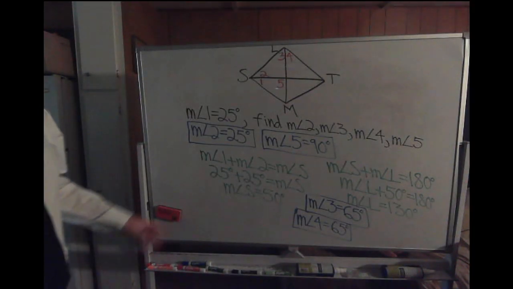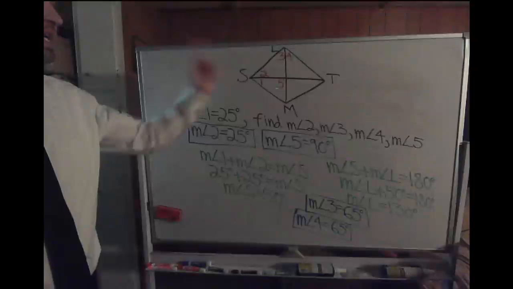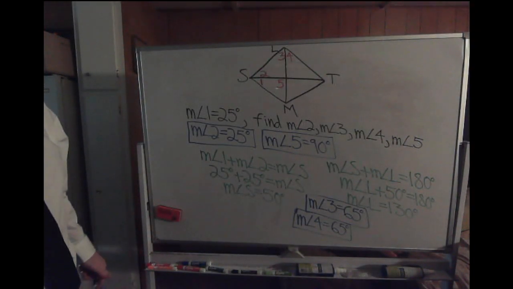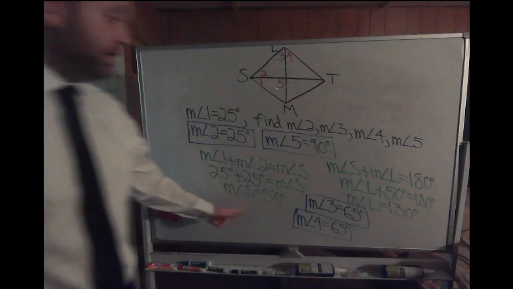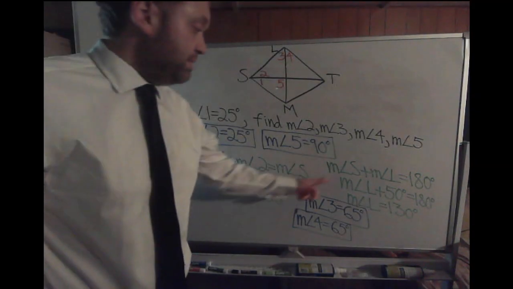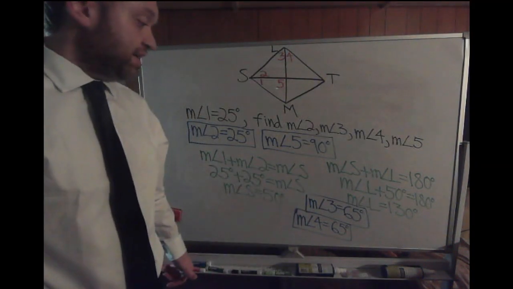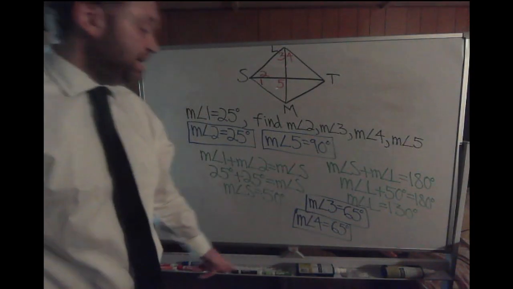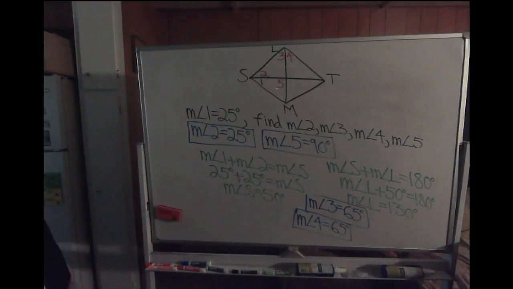And then by knowing that same side interior angles of a rhombus or parallelogram in general are supplementary, and then using the angle bisector theorem, we were able to arrive at measure of angle 3 is 65 and the measure of angle 4 is also 65.